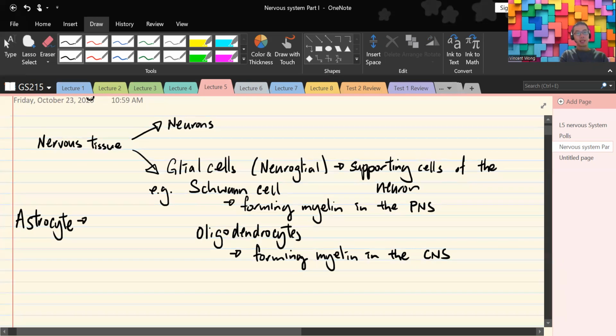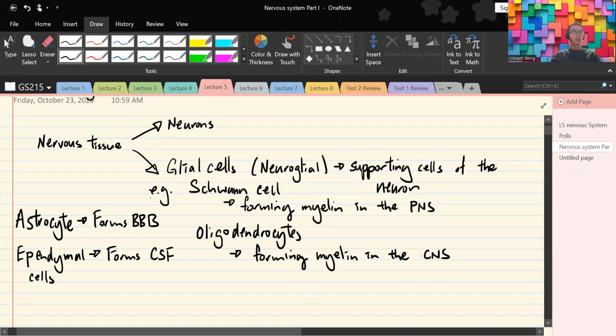These form the blood-brain barrier. There's also the ependymal cells, which are responsible for forming the CSF, cerebral spinal fluid.